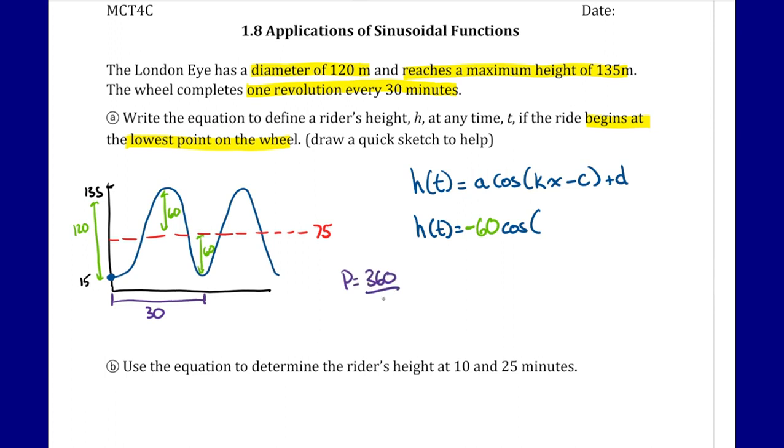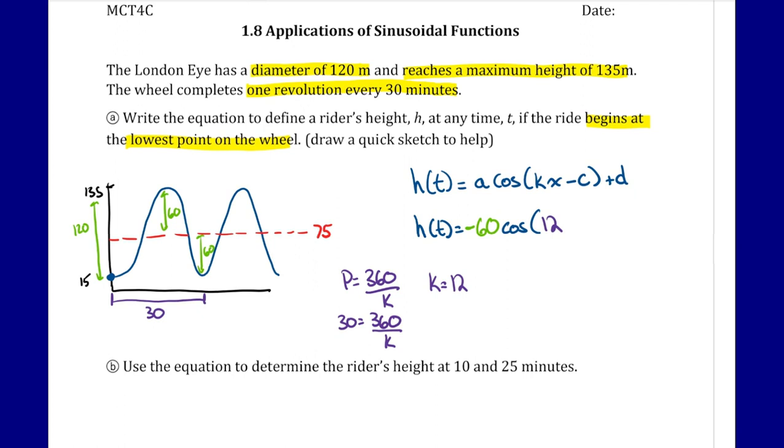P equals 360 divided by k. I know P is 30. So 360 divided by something equals 30. In this case, k equals 12. So in my formula, I can replace k with 12. Or in other words, there are going to be 12 cycles per 360.